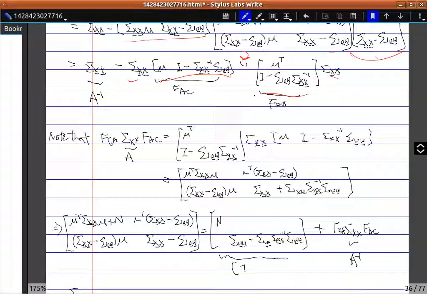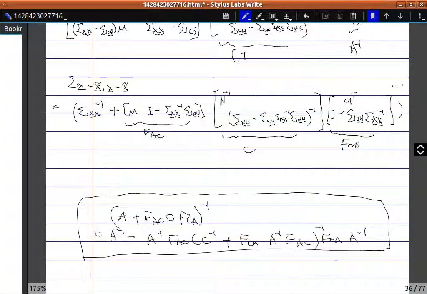We call this the matrix inversion formula. I have another video on that. For the matrix inversion formula, if you have a matrix A plus some product of 3 matrices, where these are square matrices, then we can write the inverse of this sum like this.